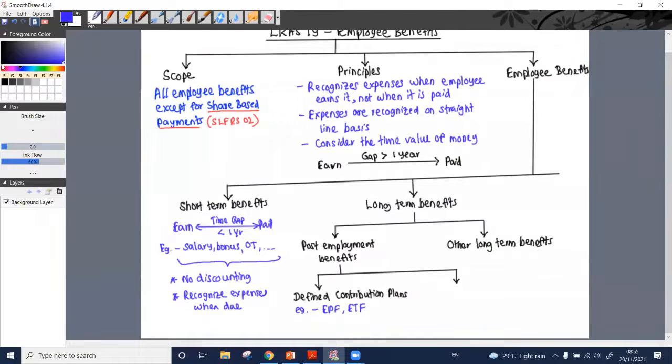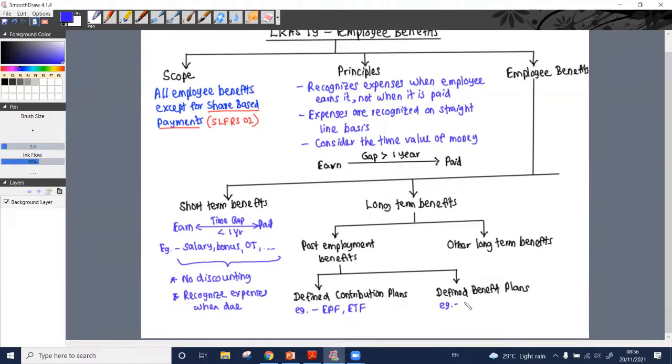And the other category of post-employment benefit is defined benefit plans. Example: the benefit based on the last month's salary, halved, multiplied by the years of service.